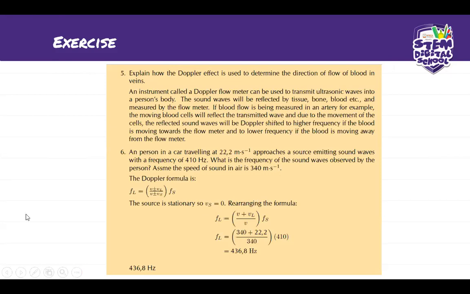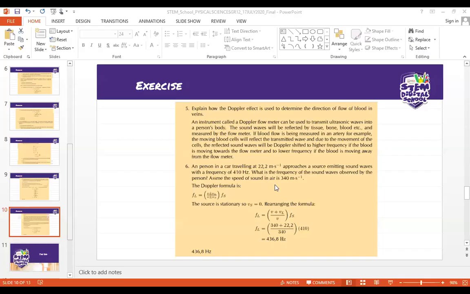I just wanna show you guys how a Doppler flow meter looks like. Let me just go to a Doppler flow meter. I wanna show you guys how it looks like. Just a few seconds.